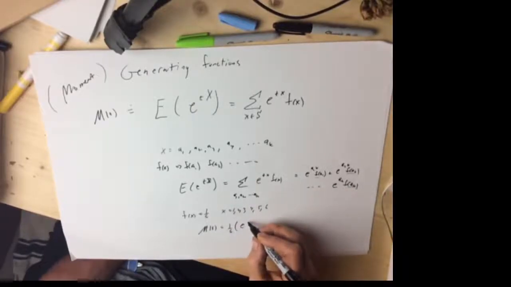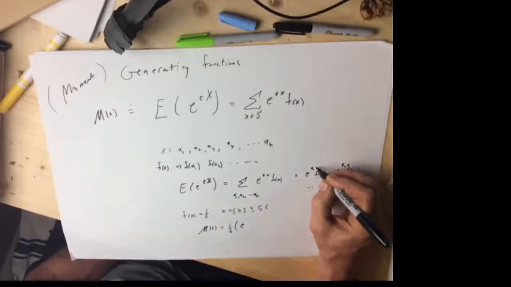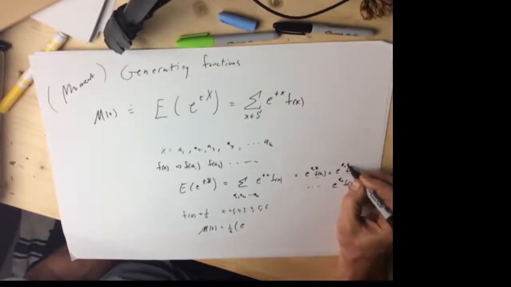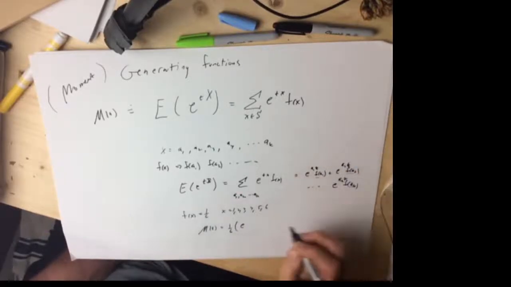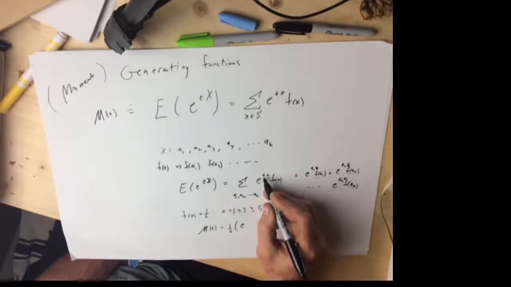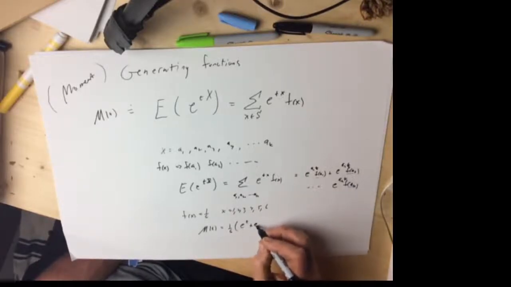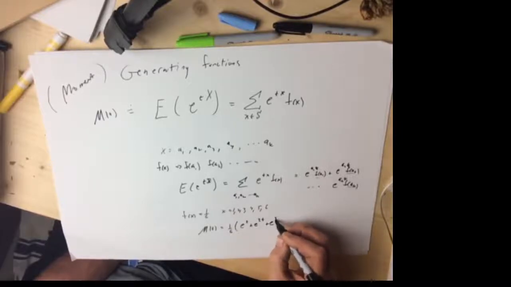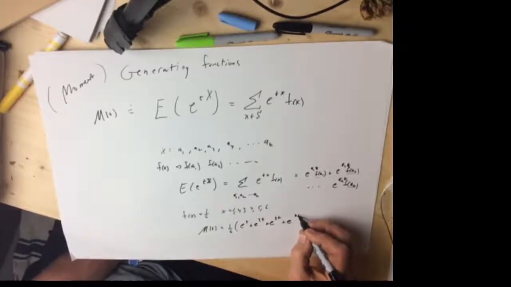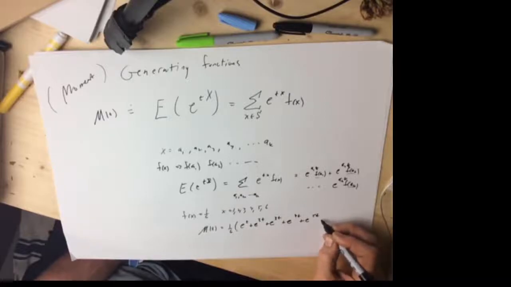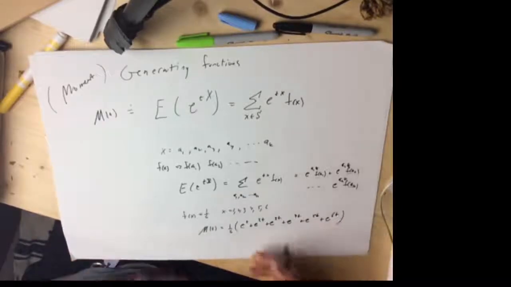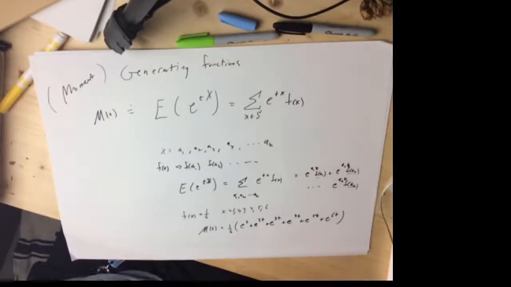And we would get, oops, that was a t for each one of these. Apologies. It would be e to the 1t, e to the 2t, e to the 3t, e to the 4t, e to the 5t, e to the 6t. And that's what the m of t would look like.